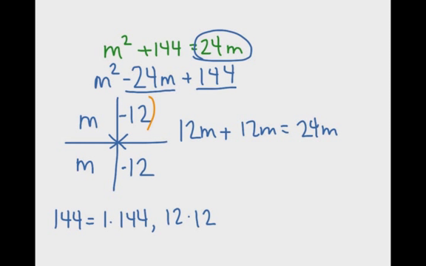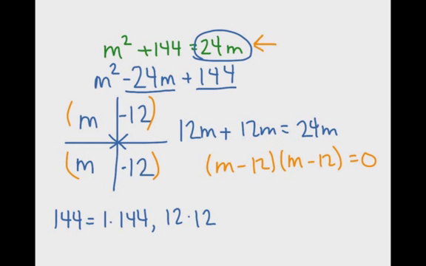Now, remember, when we factor, we go across. So we ended up with m minus 12 times m minus 12, and that's going to equal 0, because if you remember back up here, we subtracted 24m, so we just factored, so this is equal to that.